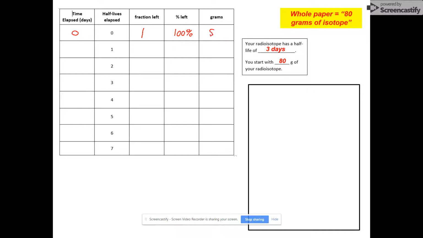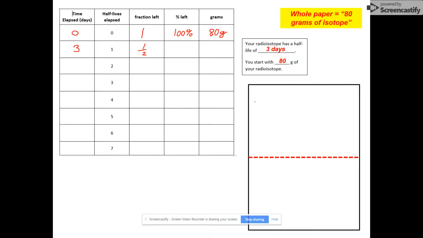Okay, so that means we've got 80 grams. That's what we start with. At time 0, 0 half-lives elapsed, we got everything. It's all 80 grams is our radioisotope. Okay, 1 half-life would take 3 days. Why? Because the radioisotope that we have has a half-life of 3 days. Okay, so after 1 half-life, how much is left? We've got 1 half left.